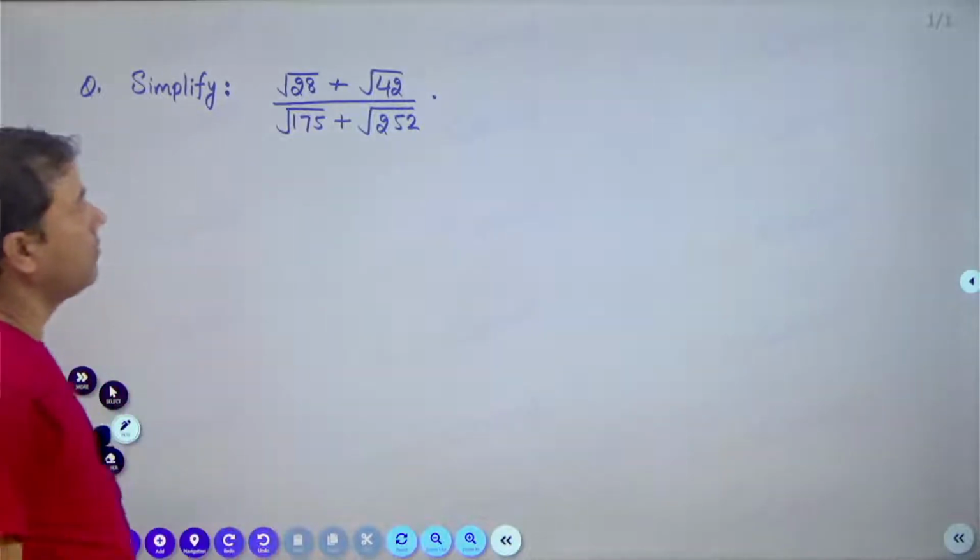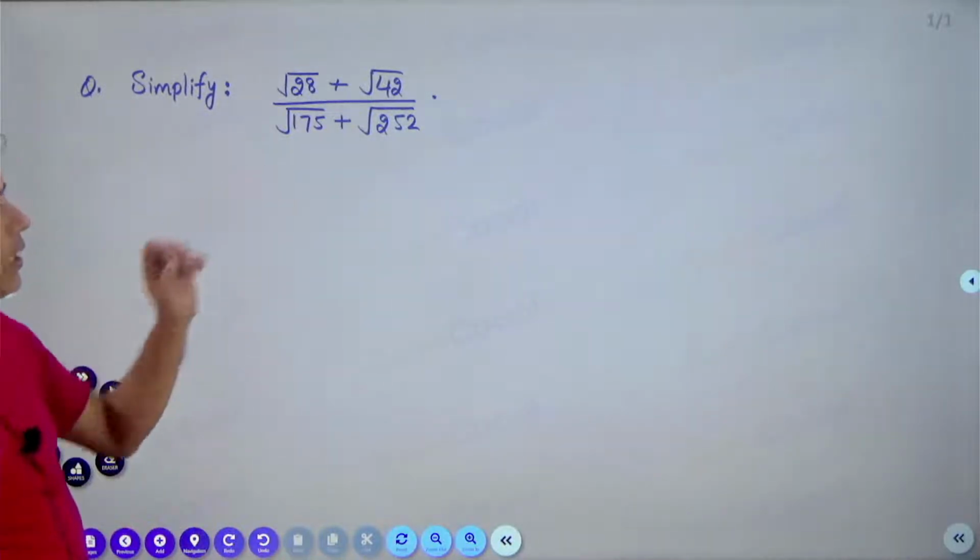This is the expression and we have to simplify. Do you think you can try this?